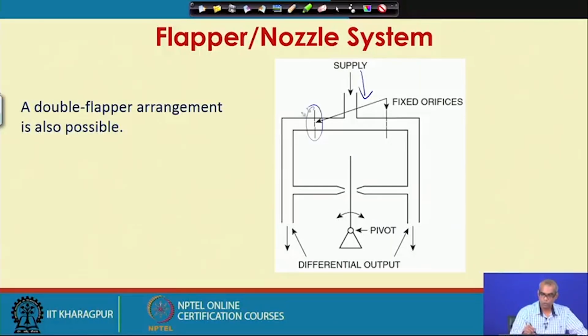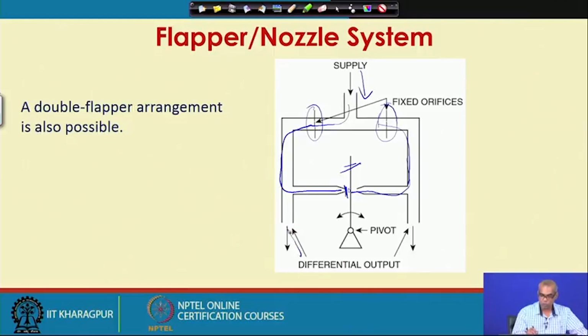So, you have two fixed flow restrictions. The supply pressure goes to this fixed restriction and goes to this nozzle, and you have a flapper here. So, this gap is variable. Similarly, this is the fixed flow restriction and this gap is variable.